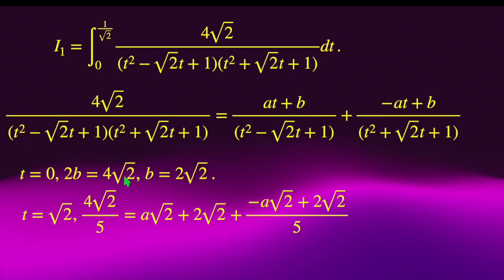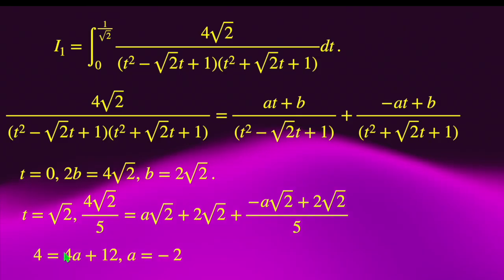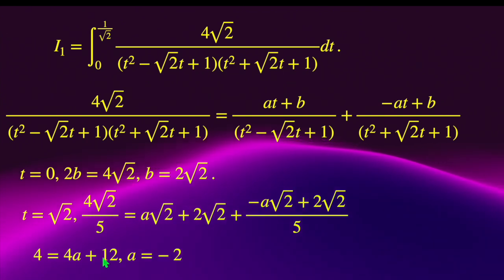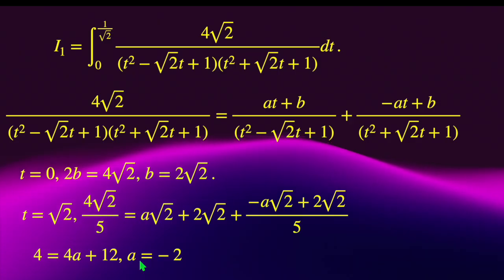And if you replace, we get this equality, which simplifies to get that here we simplify by square root of 2, and we multiply by 5, and we get 4a plus 12, and a equal minus 2.